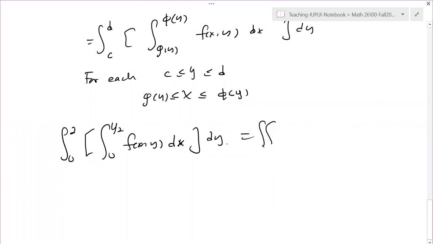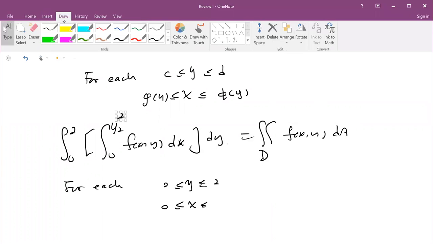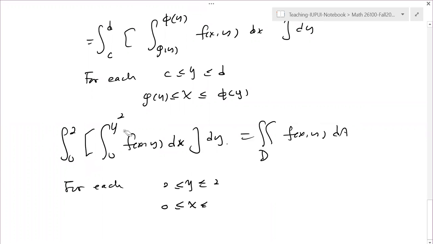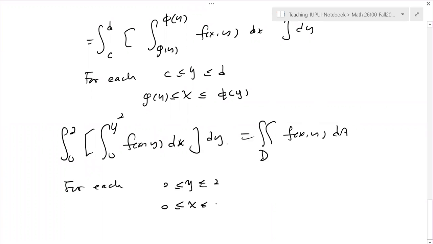Step one, you have to figure out what is D. Clearly, it says for each y between 0 and 2, the x variable is between 0 and y squared.